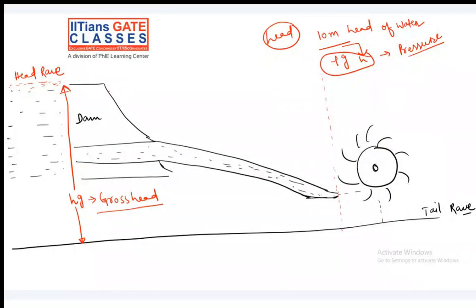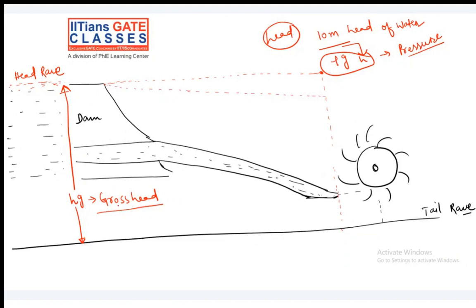So all those are accountable for the loss in head. What do I mean? At this point, if there was no loss, you should be able to get that gross head. But since there are losses, the head now available will be a bit less, not equal to Hg but somewhat less than Hg.